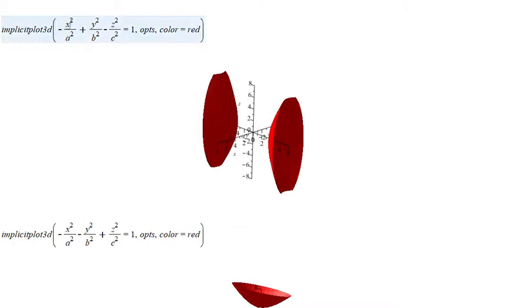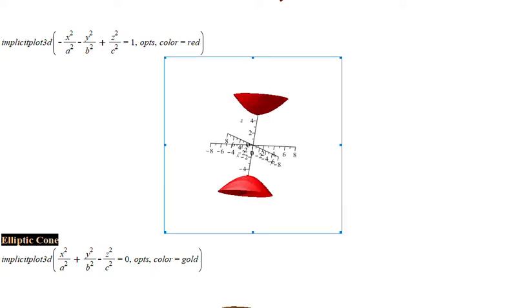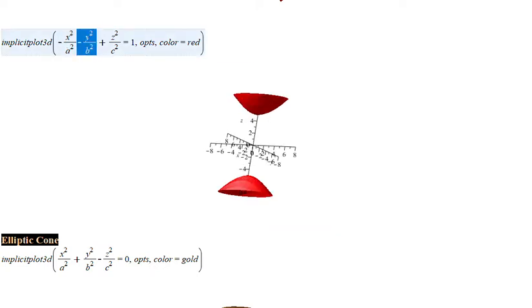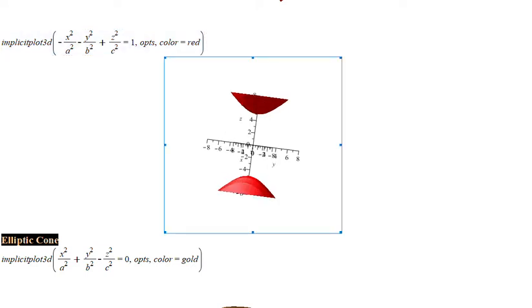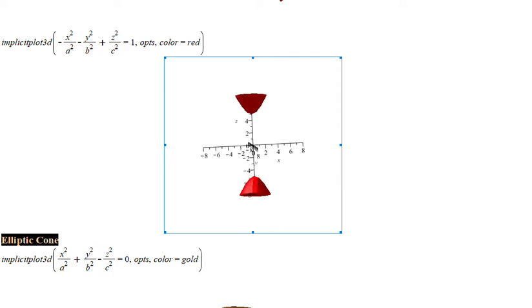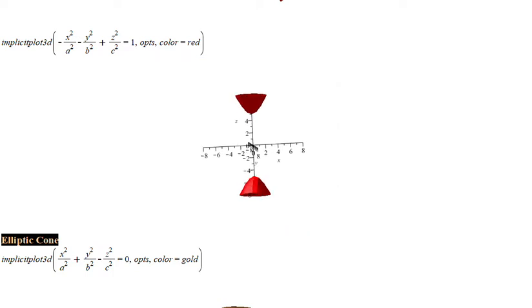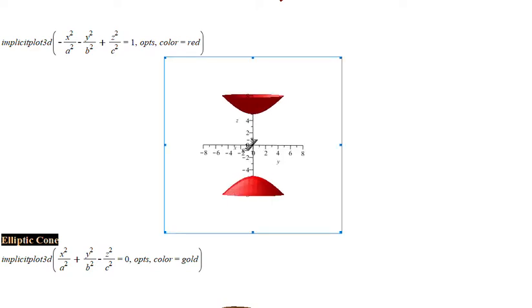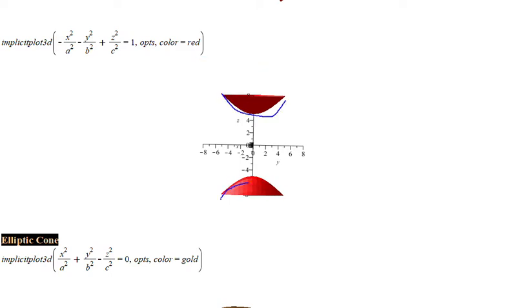And if we look at the image in the X's and Z's, we should see hyperbolas. So here's the XZ image looking down the y-axis, and here's our hyperbolas.